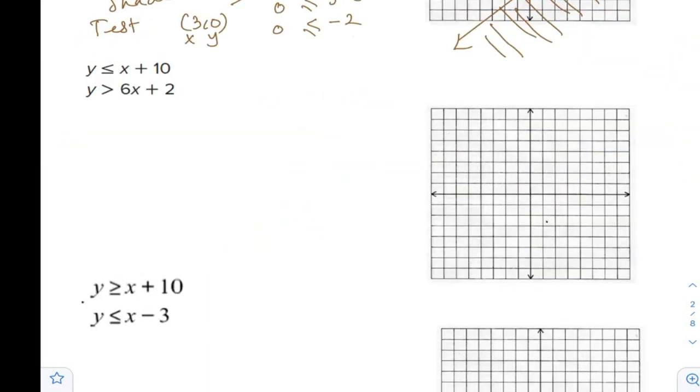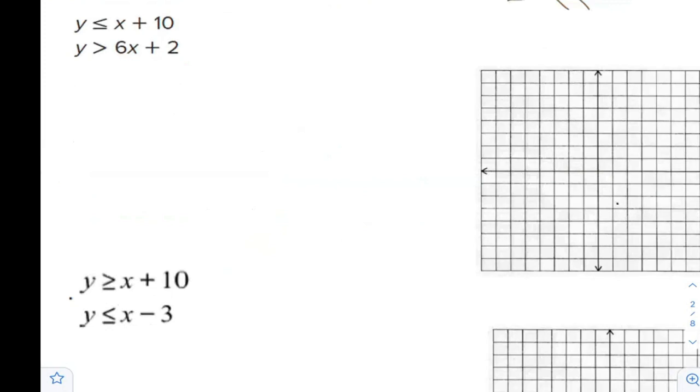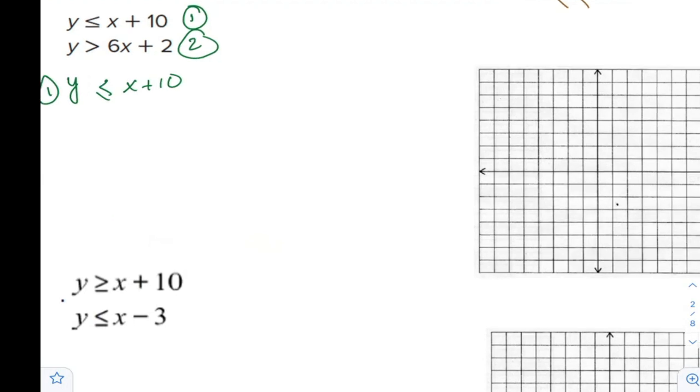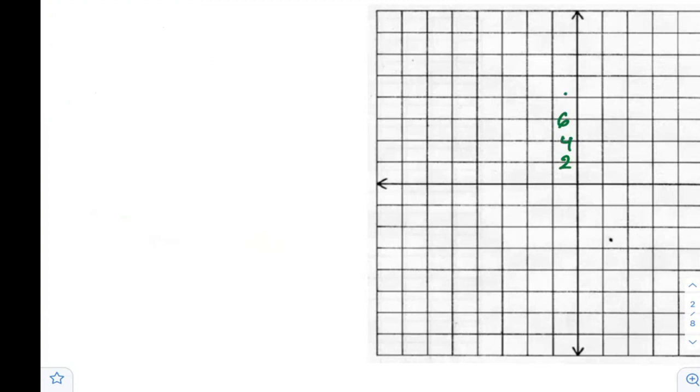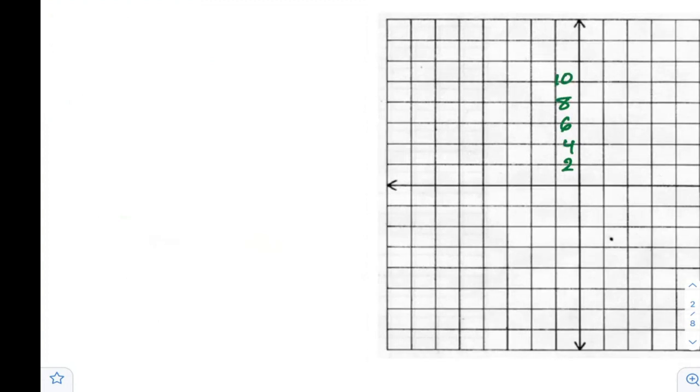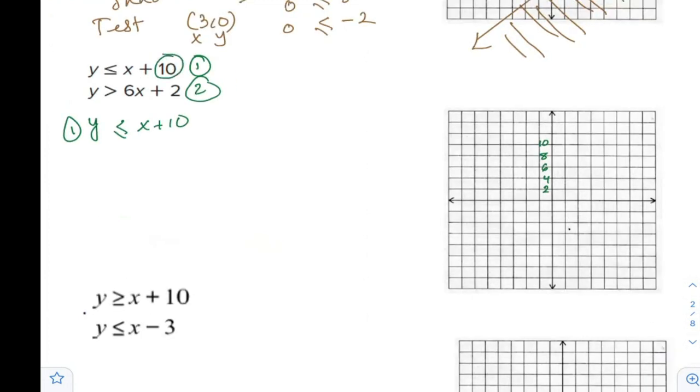Let's move on. Here we have two inequalities and we will number them. Number 1, number 2. Number 1, y less than or equal to x plus 10. If you rescale the axis to 4, 6, 8, 10, you can start by the y-intercept 10, moving up 1, right 1, and you will match your line.